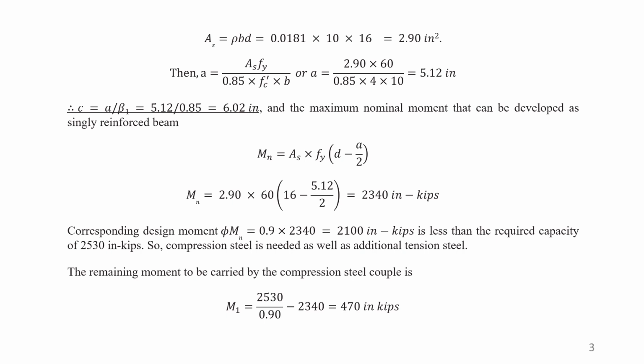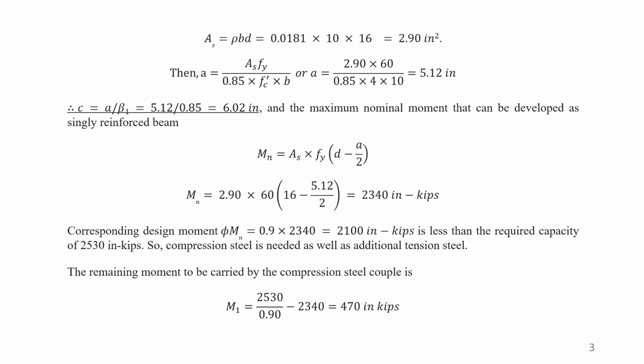C is the neutral axis depth in the beam. There are some standard symbols like D, B, small c. All these are known to you, that small c is the neutral axis depth.